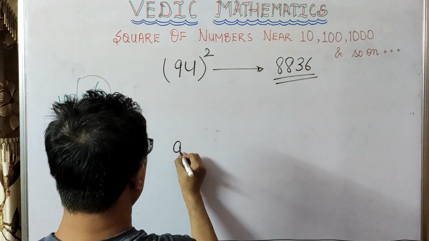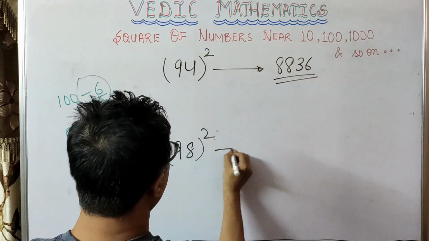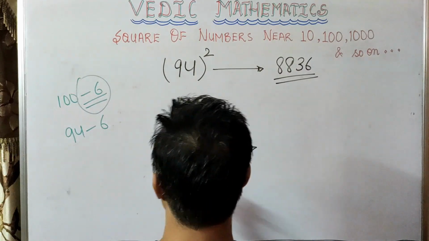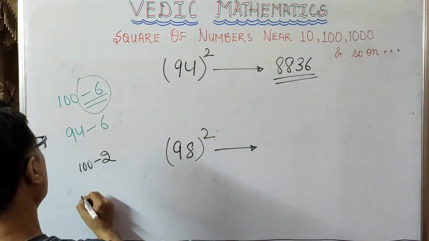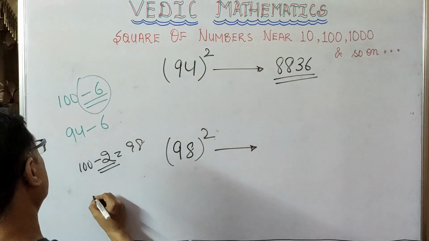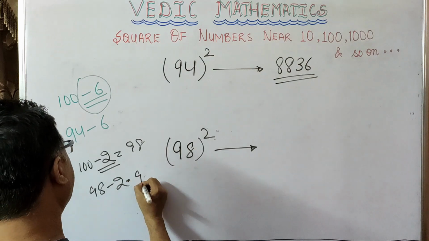Now, for example, 98 square. What will be the answer? You will have 100 minus 2 is 98. So 98 minus 2 is what? 96.